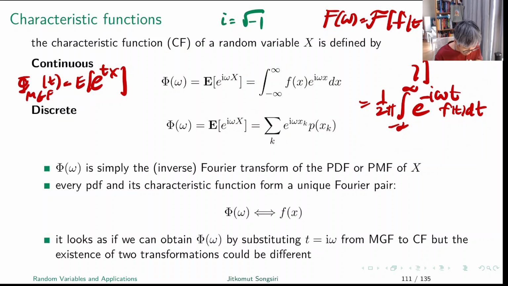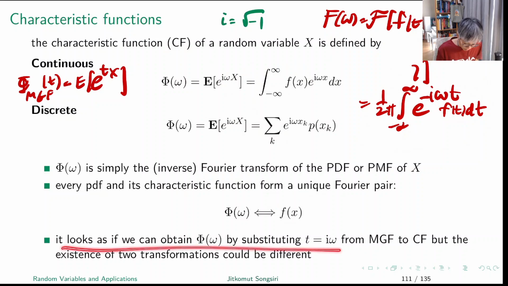We have this concept that every probability density function and its characteristic function form a unique Fourier pair, which means whenever you take a particular random variable with its own unique PDF, that corresponds uniquely to a certain characteristic function.